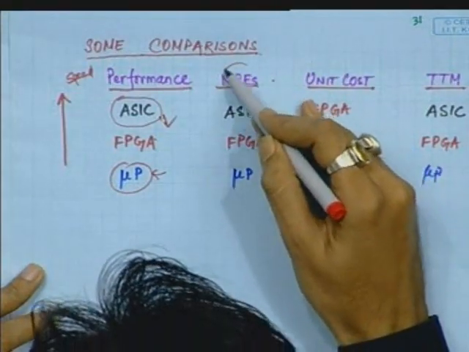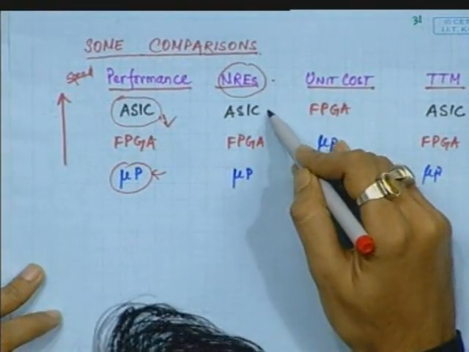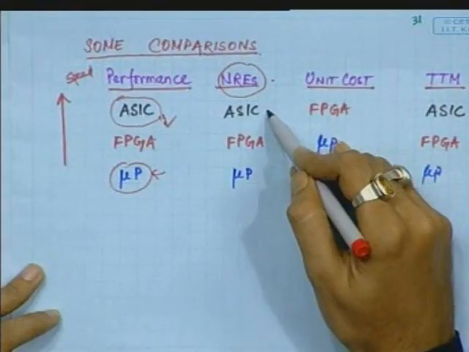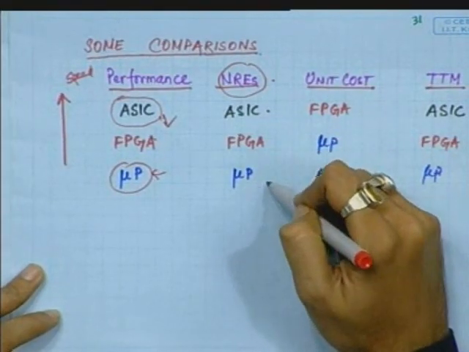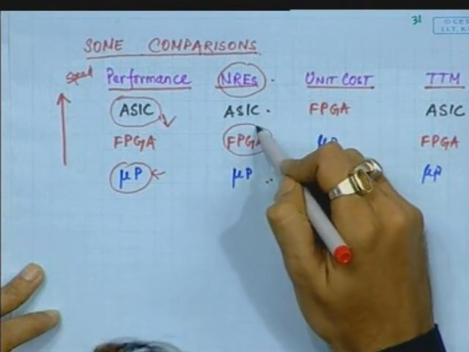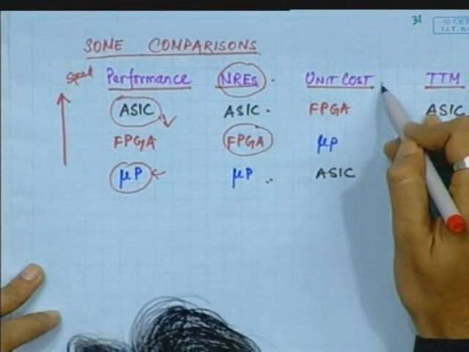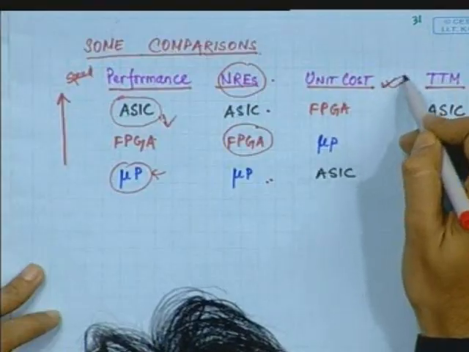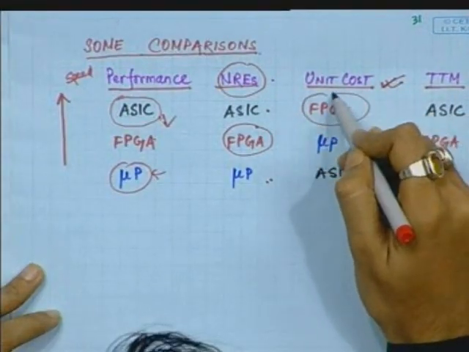In case of NRE, as I said, ASIC has the maximum NRE cost. Microprocessor has the lowest NRE cost. FPGA sits in between. For unit cost, FPGA has the maximum unit cost.